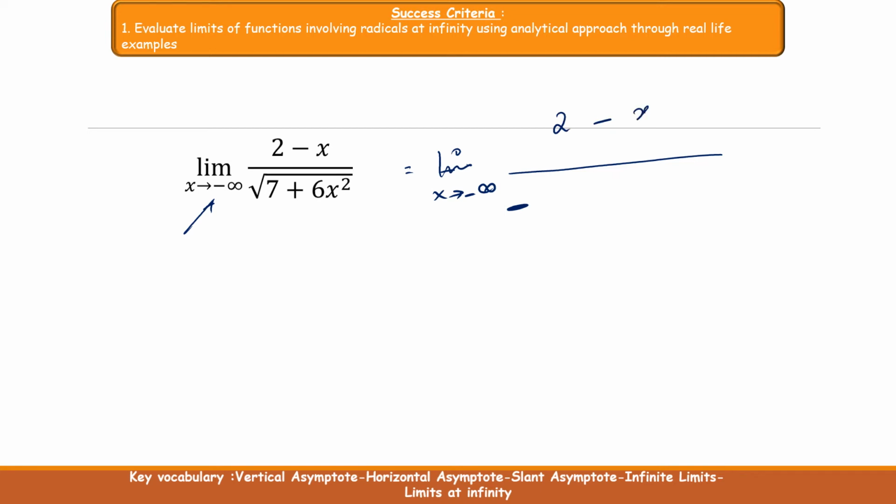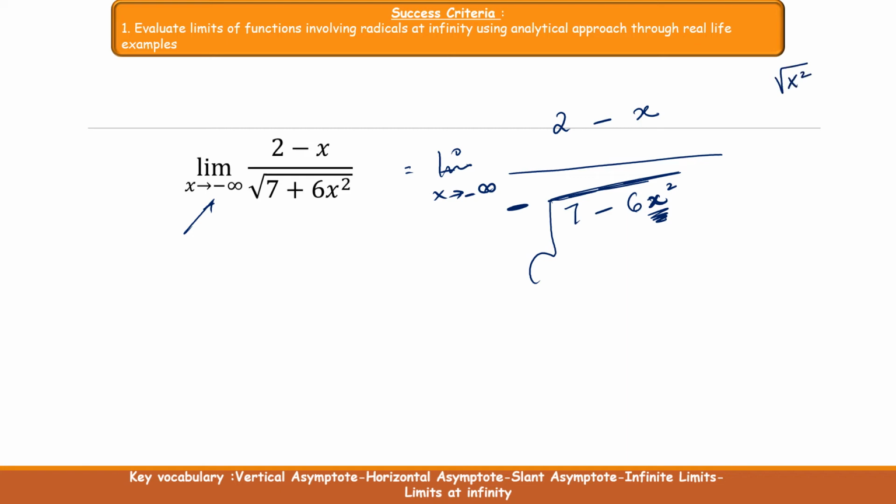Now, another thing you have to understand: if I have the square root sign, I write the square root of the variable with the power, and without the square root, whatever variable comes with the power. What does it mean? Look at the denominator. The highest power is x square, but you can see there is a square root also, so we will write square root of x square.